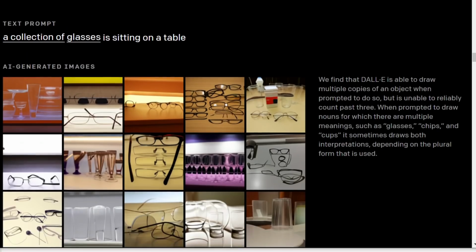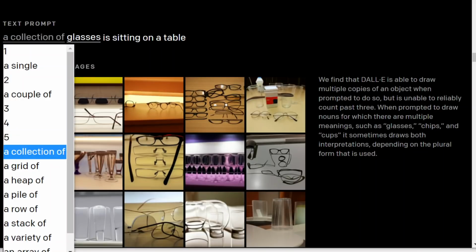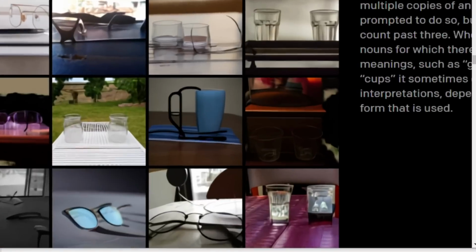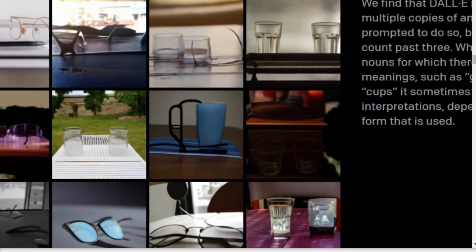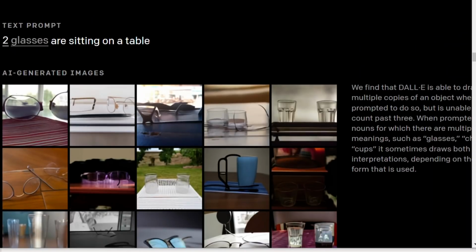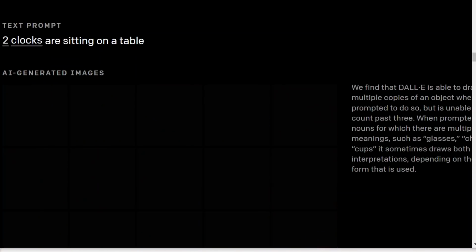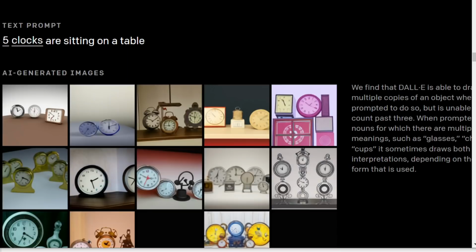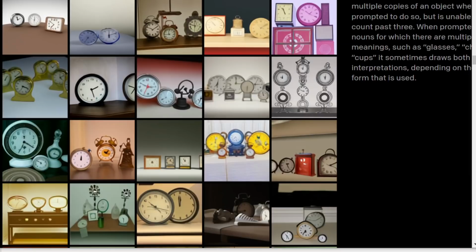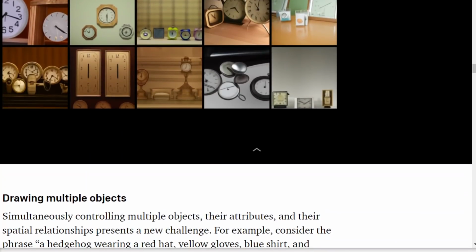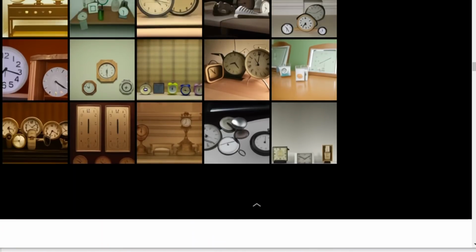So you can see here that this counting, so 2 is often quite good, and actually here it mixes up glasses and glasses, right? So 2 often works. However, if you go past 2, it often gets it wrong. So 5, you'll get anything from 3 to 7 clocks and so on. So I'm going to also guess it's very brittle.